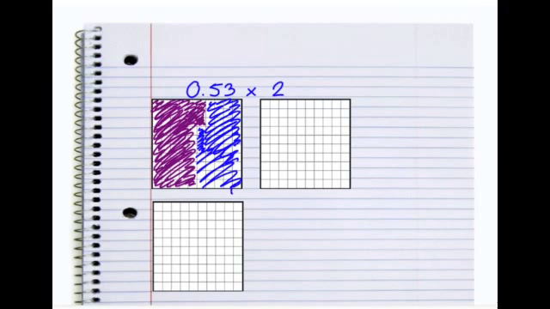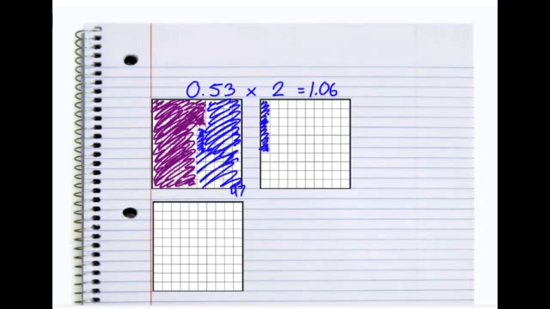About 47. So how many more do I need from my second whole to get to 53? That would be 48, 49, 50, 51, 52, 53. So 53 hundredths times 2 looks like 1 whole and 6 hundredths.